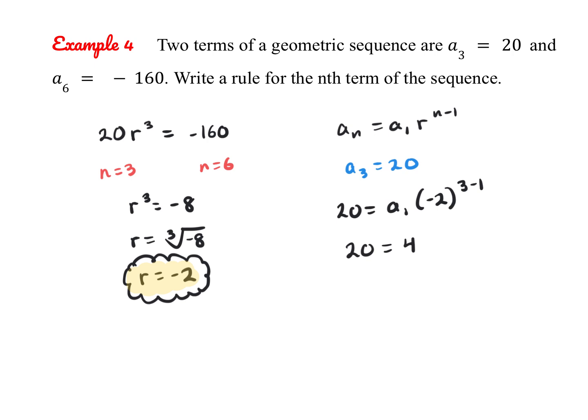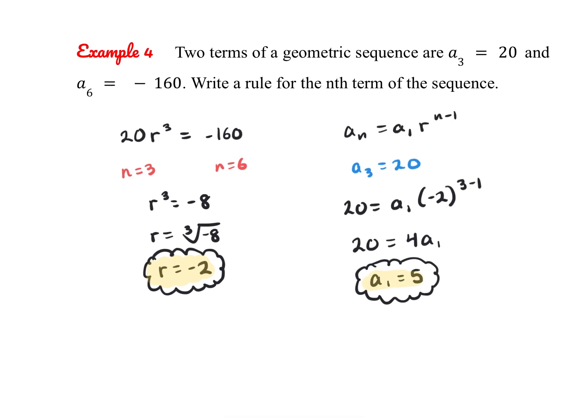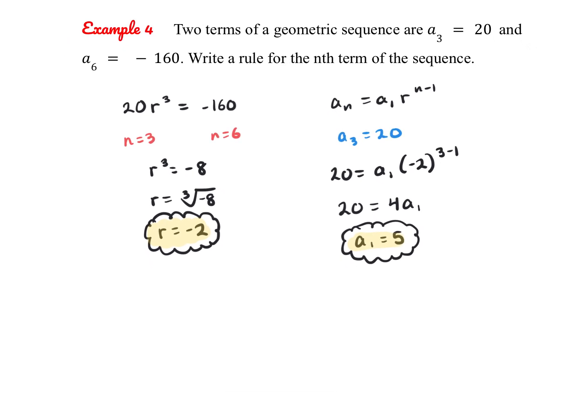So negative 2 squared is positive 4, so a sub 1 is 5. So now I have both things that I need, and I can make my rule. So a sub n equals 5 times negative 2 to the power of n minus 1.